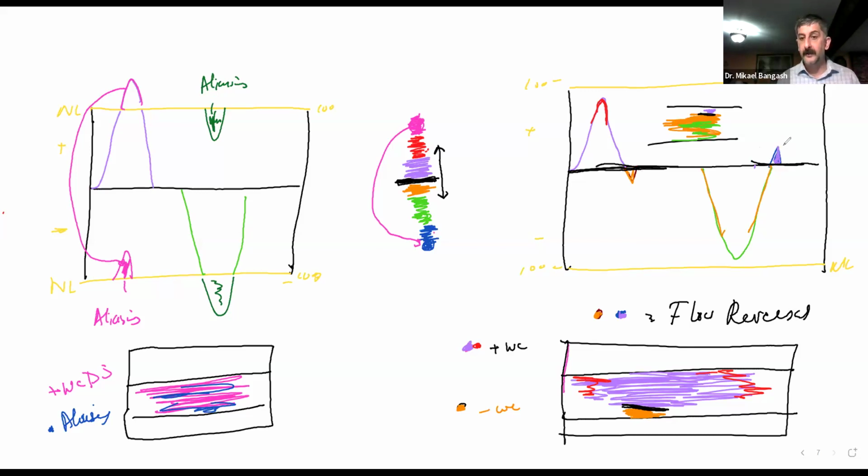Whereas this positive is due to flow reversal. Did you guys get that?